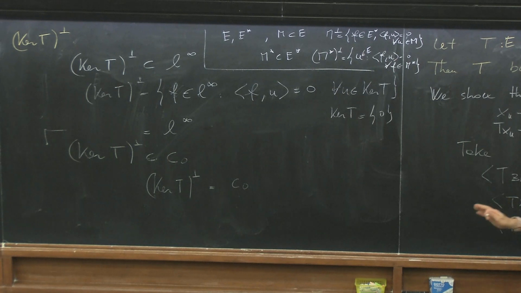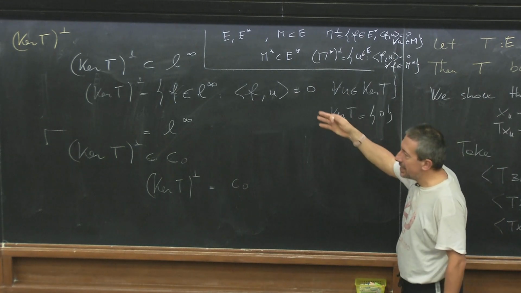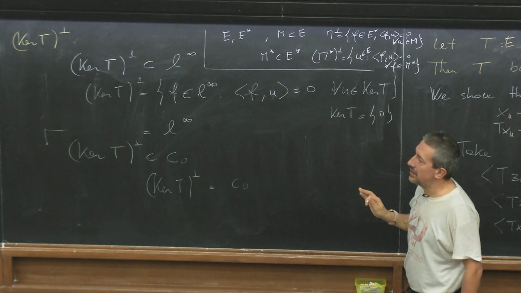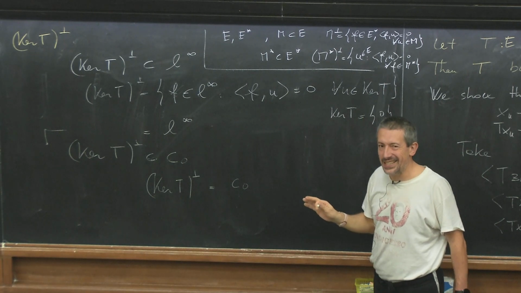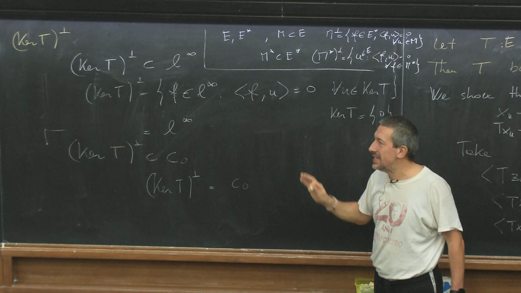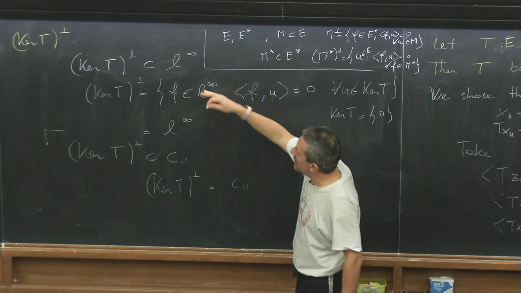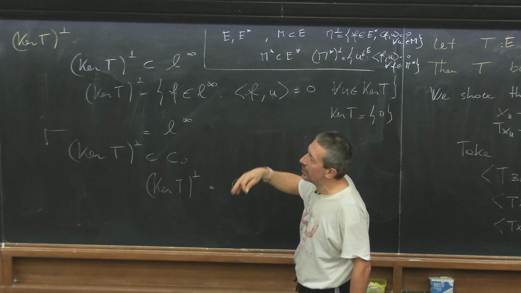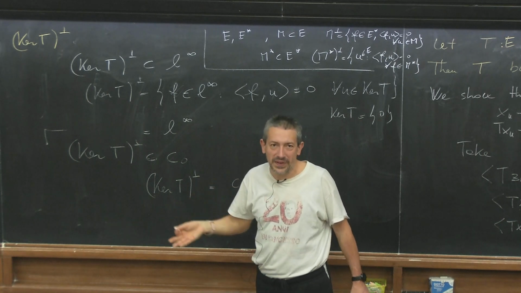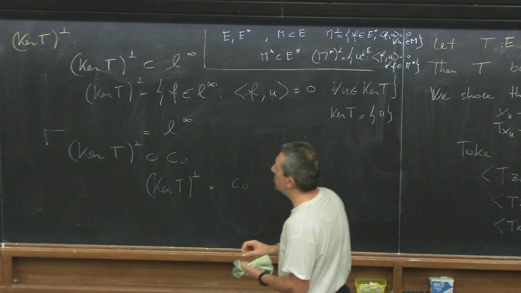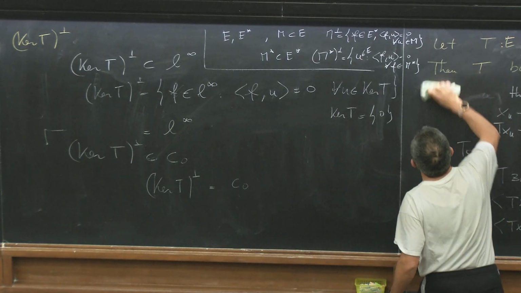Just notice that here it was not clear because it's not said in the statement. From this definition you can consider L1 as the dual of C0 or L1 as the pre-dual of L infinity. Okay, so the answer in any case is easy.